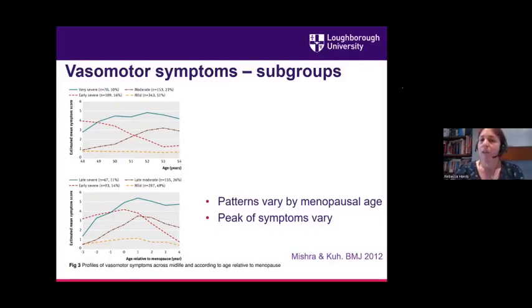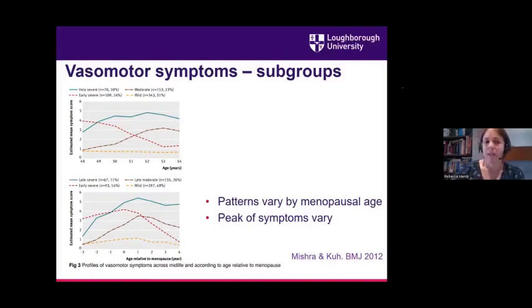So with these hot flushes, night sweats, we can see that the good news is that nearly 50% of women don't experience very severe symptoms. Whereas for the other women, there are patterns which you can see do vary by menopause. So we do see a peak and a decline in terms of when they reach menopause.